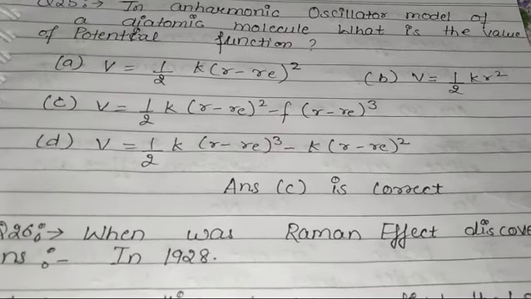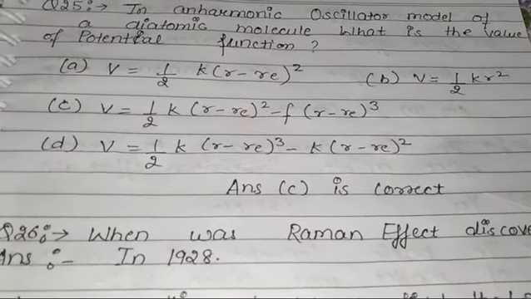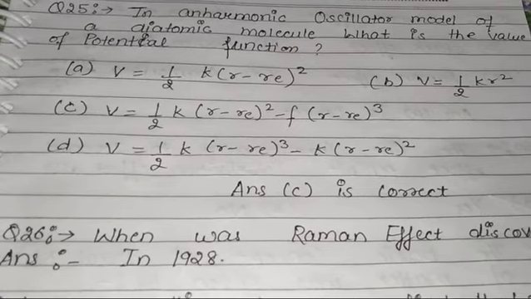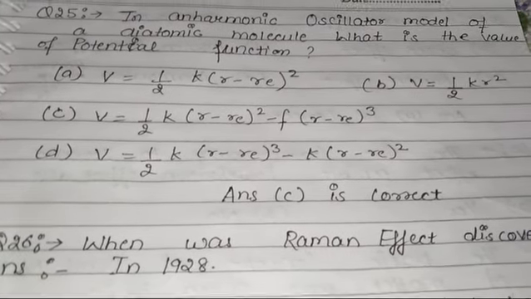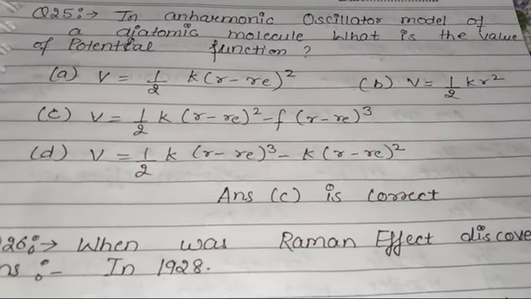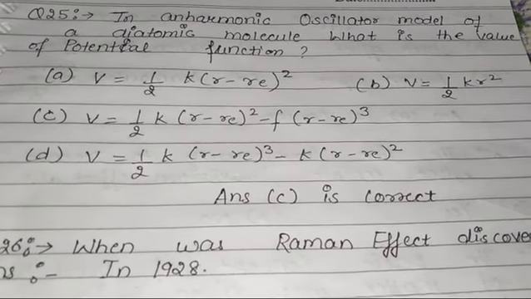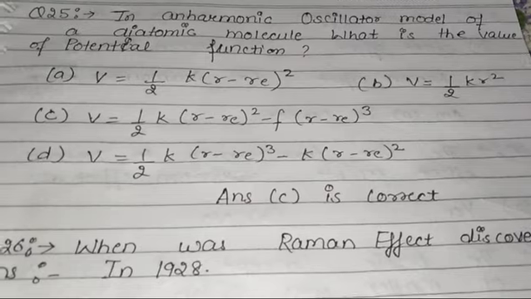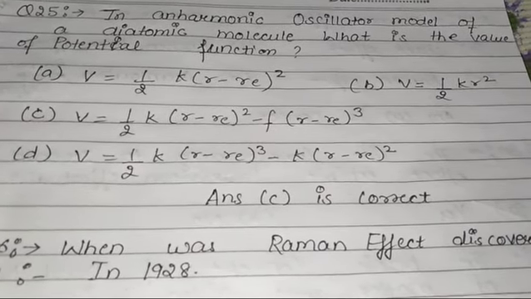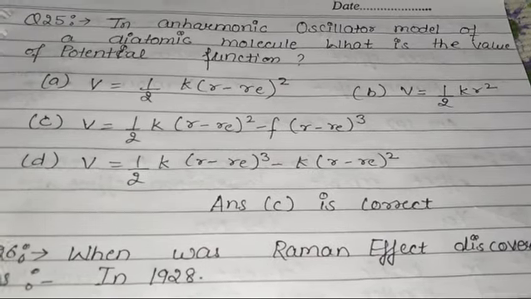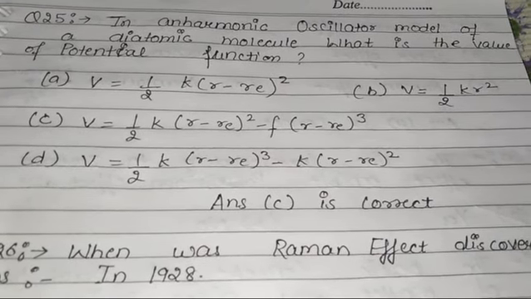B, V is equal to half of K r square. C, V is equal to half of K (r minus re) whole square minus f (r minus re) whole cube. D, V is equal to half of K (r minus re) whole cube minus K (r minus re) whole square. So here answer D is the correct answer, V is equal to half of K (r minus re) whole square minus (r minus re) whole cube.